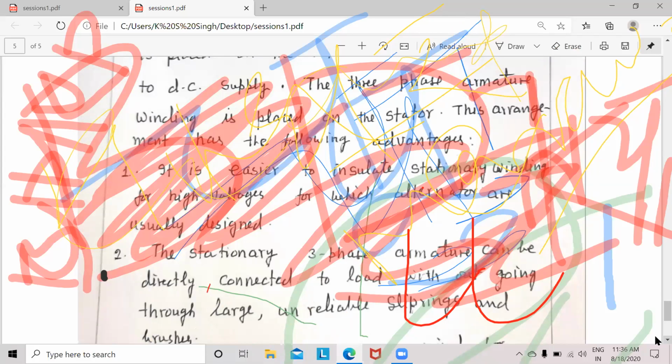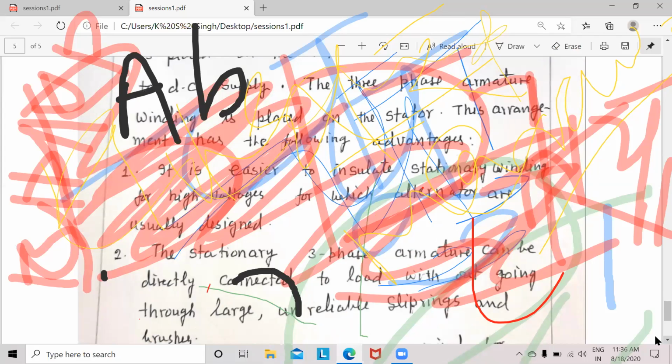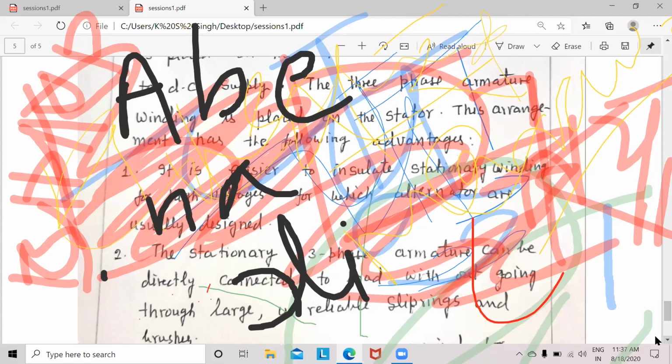Since if the armature winding is on the rotor, what will happen? For taking AC voltage, 3 slip rings are required, and the current of the synchronous generator flowing in the conductor is more.